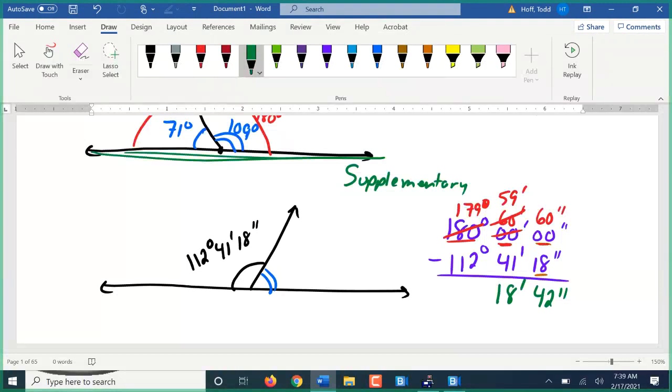And 179 minus 112. So we get the supplement, 67 degrees, 18 minutes.